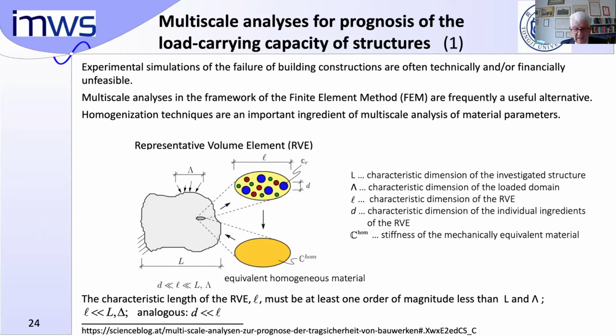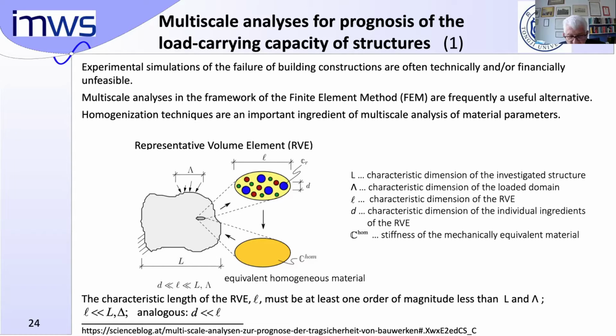This is the upper part here. This is the so-called representative volume element, abbreviated as RVE. And a condition for multiscale analysis is that the characteristic length, lowercase l, is very much smaller than uppercase L. Exactly, it must be at least 1 order of magnitude smaller than L and lambda.